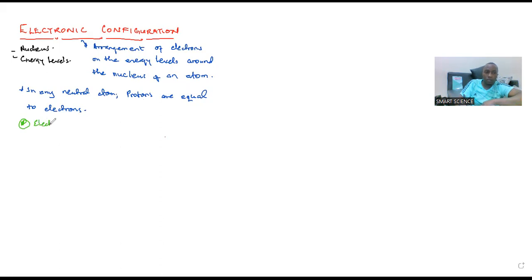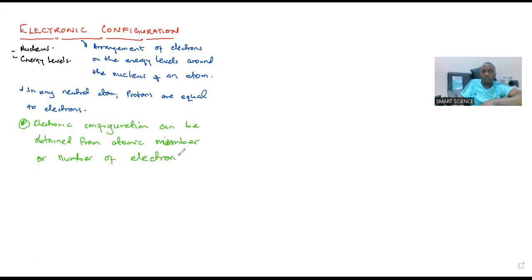So electronic configuration can be obtained from atomic number, or simply number of electrons, but not neutrons.